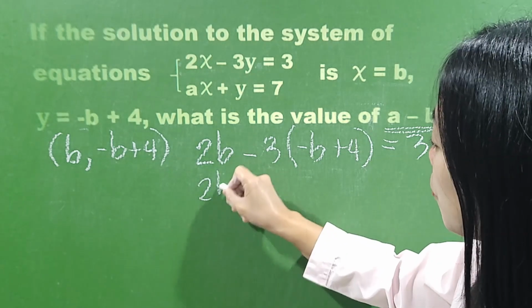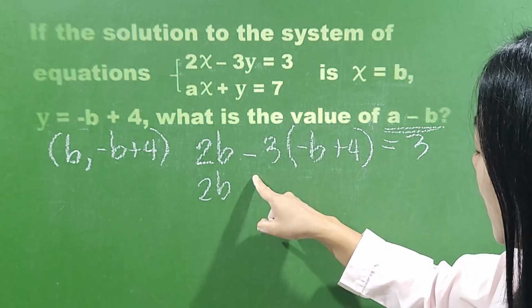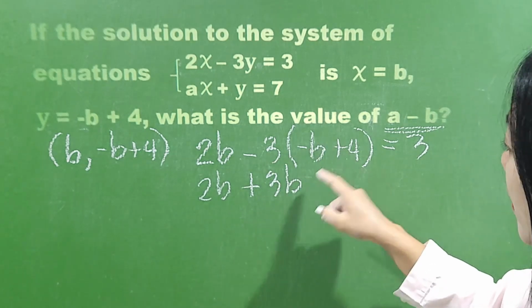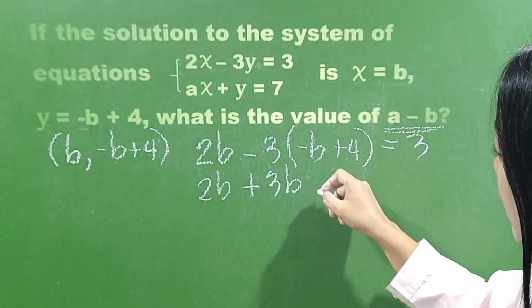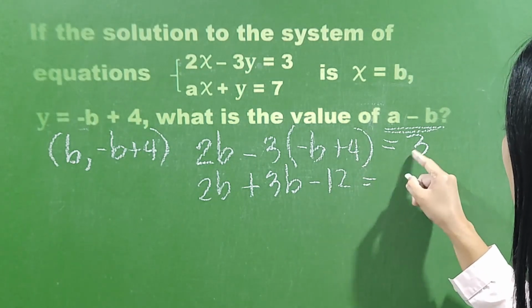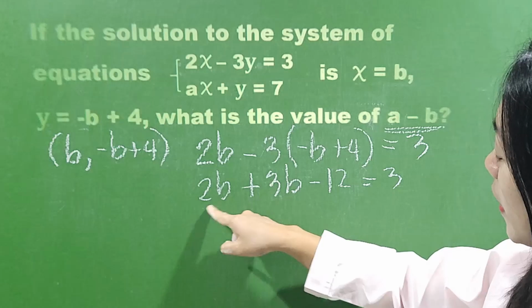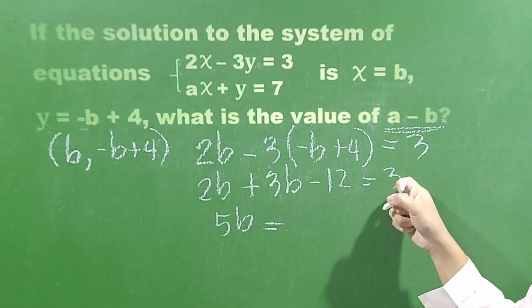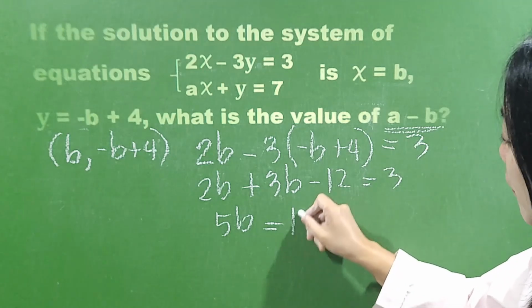Okay, let's solve. So 2b and then negative 3 times negative b is positive 3b. Okay, negative 3 times 4 is negative 12, and this is equal to 3. Simplify, 2b plus 3b is 5b, and this is equal to 3 plus 12, 15.